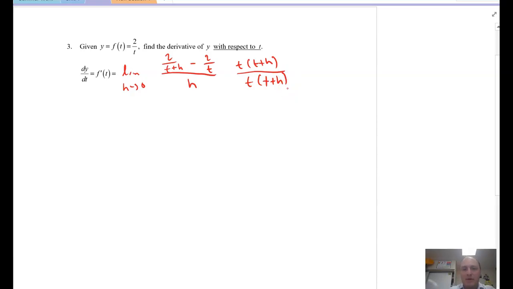The denominators will cancel: if I multiply this times every single term, the t plus h cancels and I have a leftover t. So I have 2t, and then here the t cancels and I have t plus h left over, so minus 2 times t plus h, and all of this is over h times t plus h.